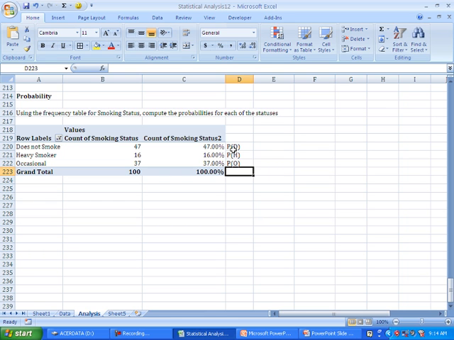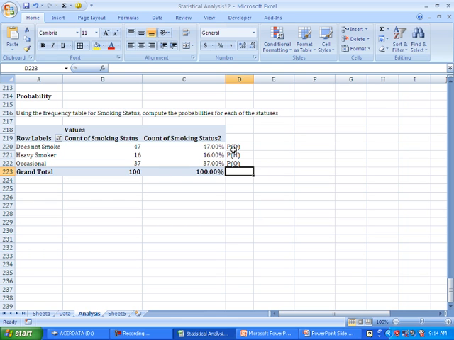There is a 16% chance that a particular person whom I have picked up is a heavy smoker, and a 37% chance that he or she is an occasional smoker. So based on the existing data, we are creating percentages so that we can use them for our futuristic calculations.